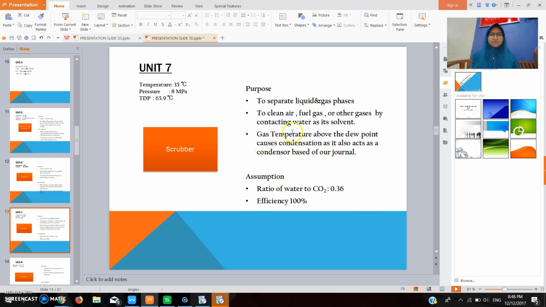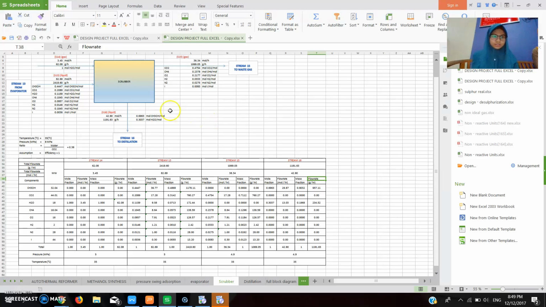Based on our journal, the gas temperature above the dew point causes condensation, so it also acts as a condenser. The assumption that we made is that our ratio of water to carbon dioxide is 0.36 and the efficiency is 100%. From this scrubber, we can separate the gas and the liquid into separate streams.